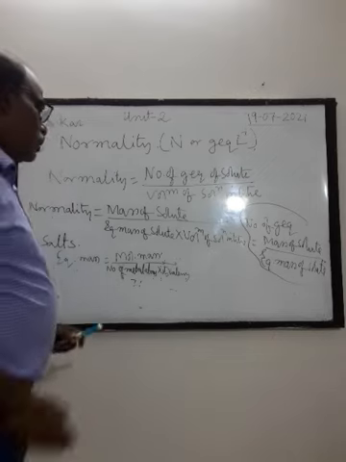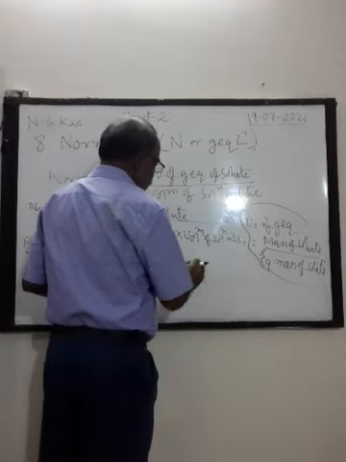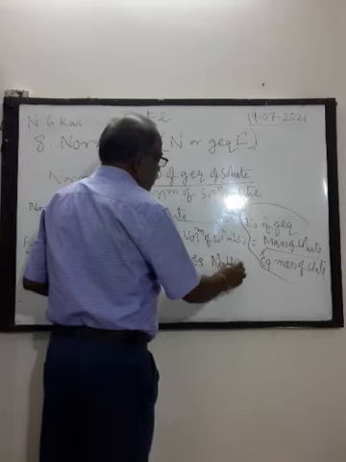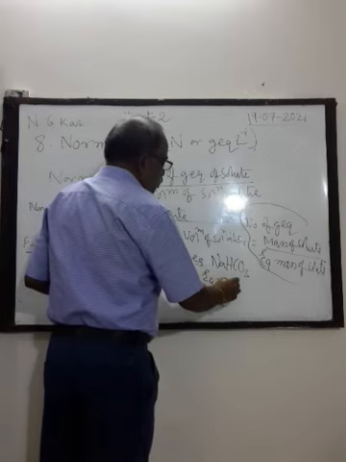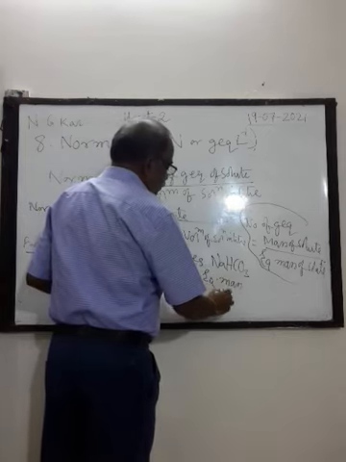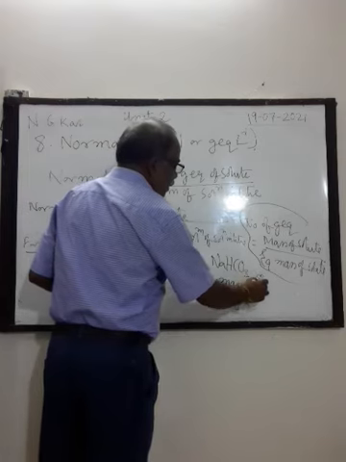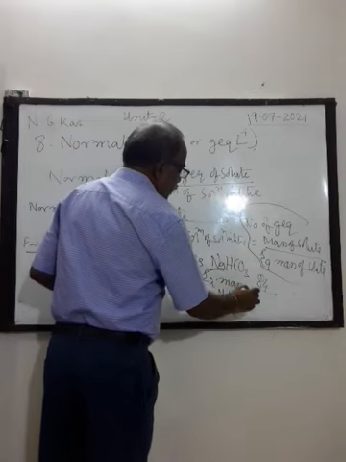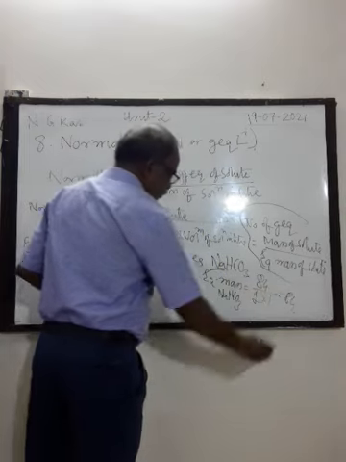First we consider a simple example. Sodium bicarbonate, which is a salt. The equivalent mass of sodium bicarbonate equals the molar mass of sodium bicarbonate, 84, and the number of metal atoms equal to 1, and the valency of sodium is 1, so 84.